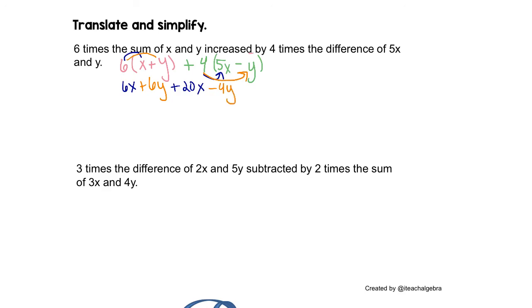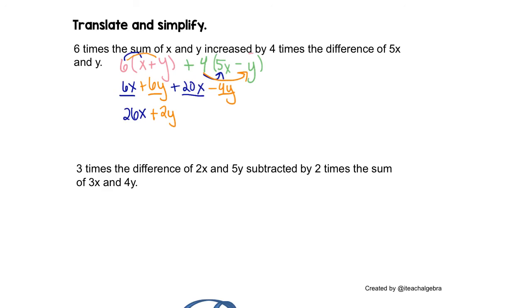Now all we need to do is combine like terms. 6x plus 20x is 26x. We can only combine the things that are identical, so those both have an x attached, so we're just going to add them together. And then we have 6y minus 4y. That gives us plus 2y for our final simplified expression.